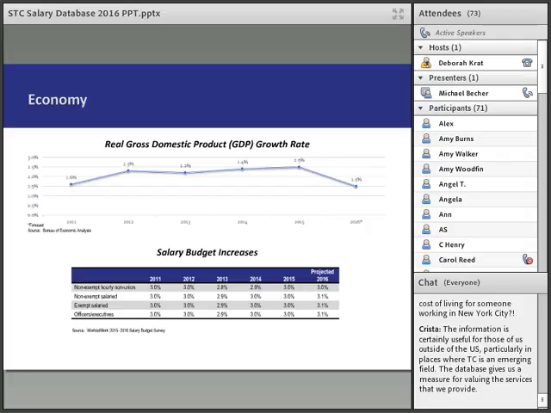So here you can see from 2011 even through the projected 2016, expected salary budget increases are 3% or so, which with a budget increase just typically means an expectation of employee compensation going up 3% as well. So that's where the U.S. as a whole, across all industries and professions, is looking, a 3% increase.